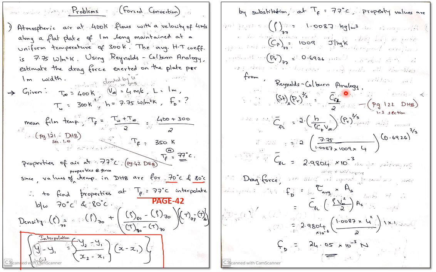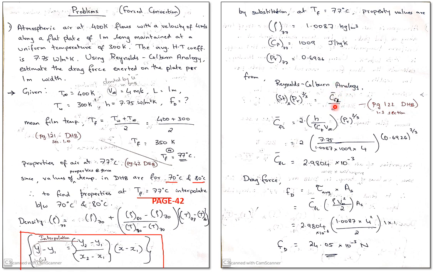Reynolds-Colburn analogy. This formula you will get from the data handbook. Just go to page number 122, and there you will get the formula. If you substitute the values, one more thing which is very much important that you have to remember is to find the CFL.